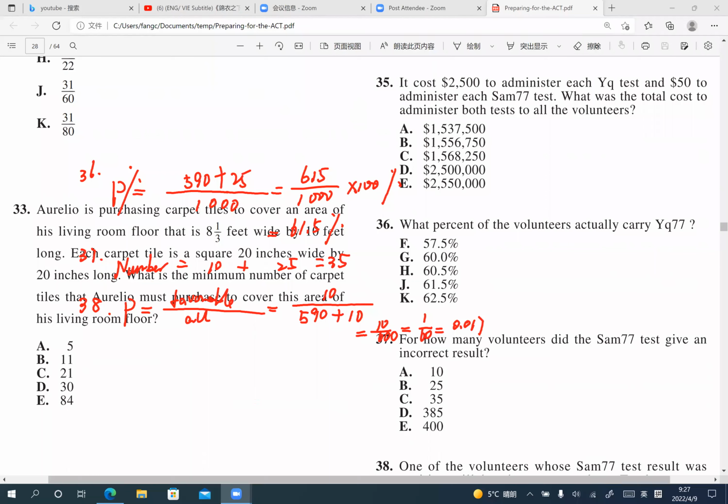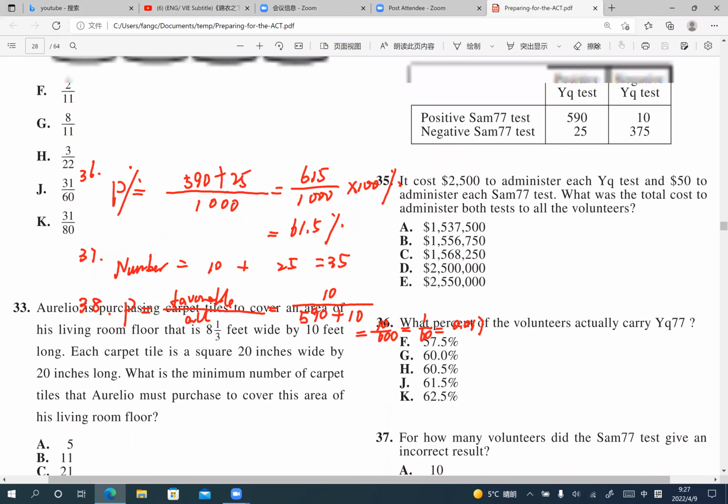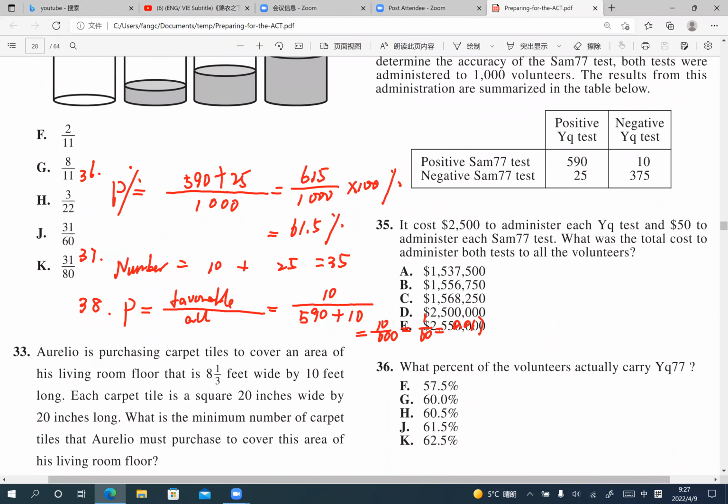Question 36. What percent of the volunteers actually carry YQ77? We need to go back to the table. The number of volunteers who really carry YQ77 is those who have a positive YQ test, and the number is 590 plus 25, so here is 615.